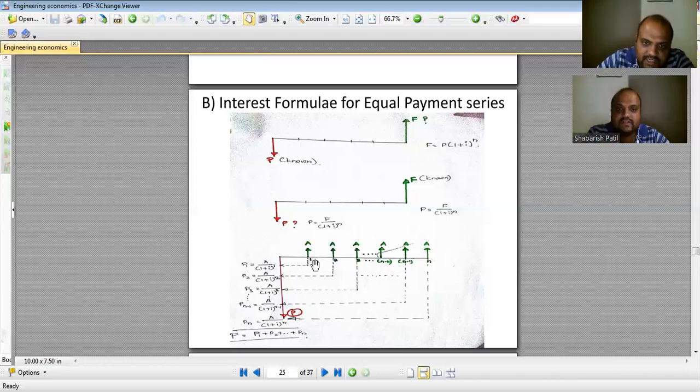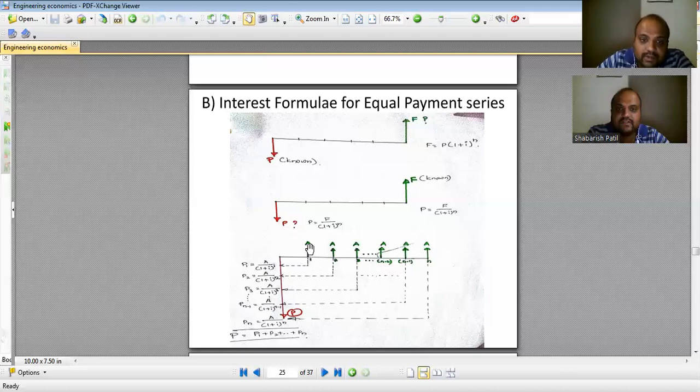At the end of the first year, or a month, I am taking an annuity of A. But what is the value of this A at 0 time? This case is similar to the earlier case: at the end of one period, I know the F value and I want to calculate the principal amount at 0 time.